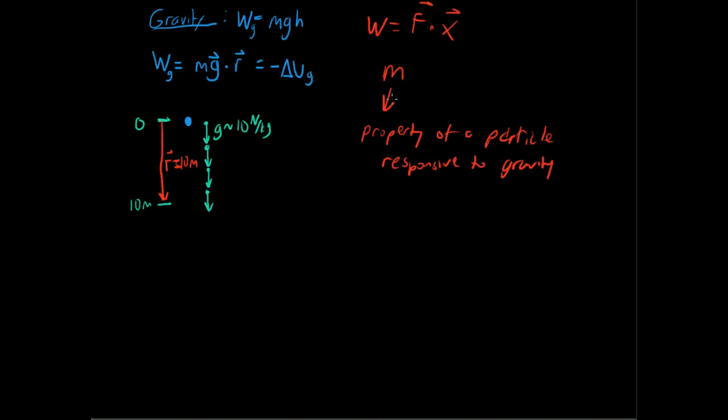So this is the idea about a property of a particle that tells us how responsive it's going to be to the gravitational field. g is nothing other than the gravitational field strength.